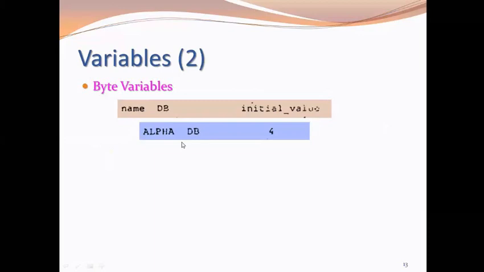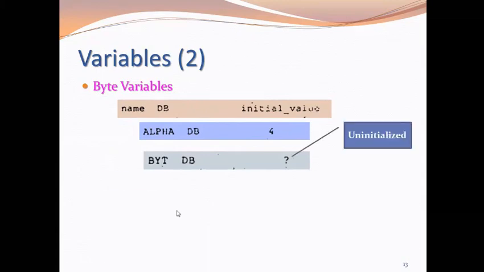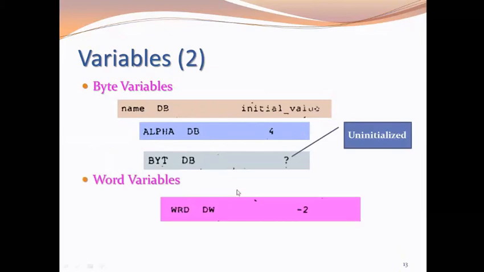Yes, sir. Okay. Now similarly for the word variable, you are defining the variable. The name of the variable is WRD, and the type of the variable is word, because you are mentioning DW when defining the word, and you are initializing it with 2 or -2.